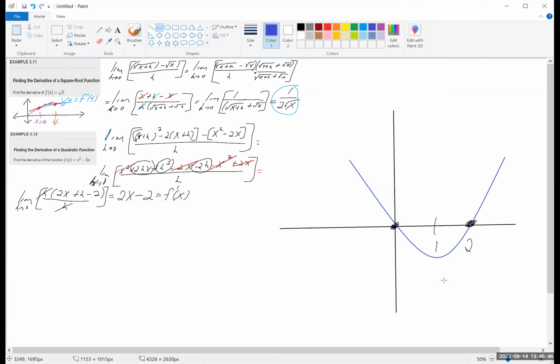Okay, so the other line is the derivative, which is over here, a line that looks roughly like this.